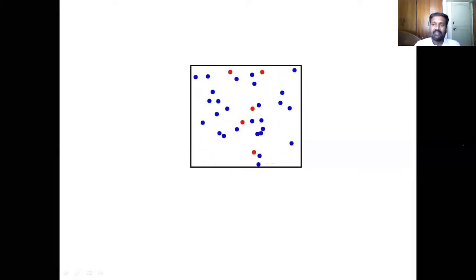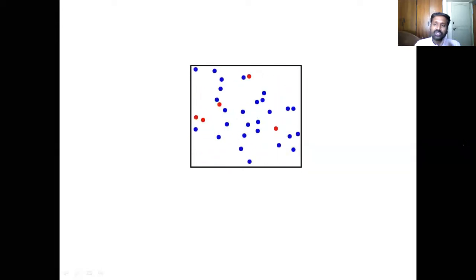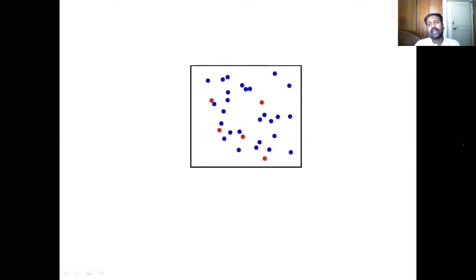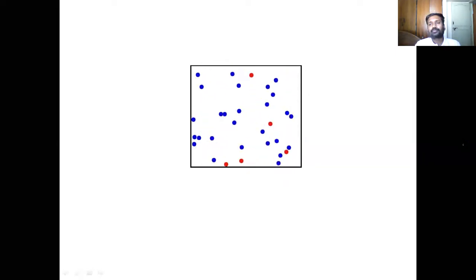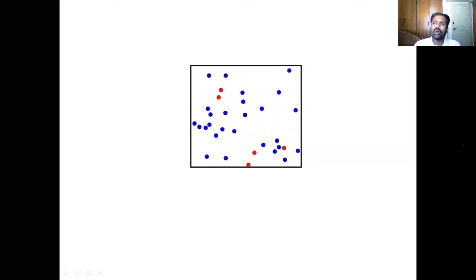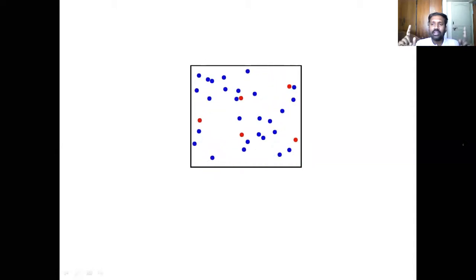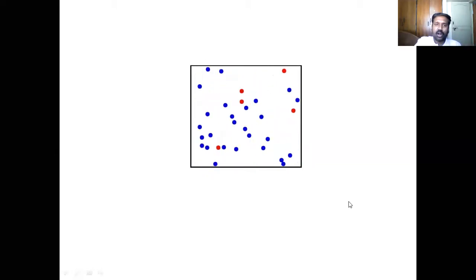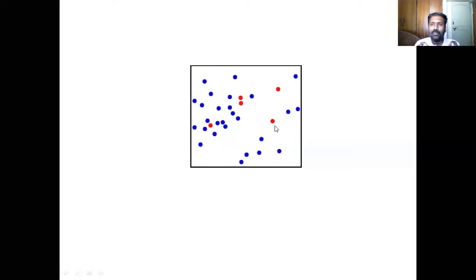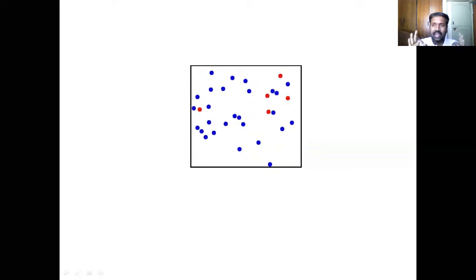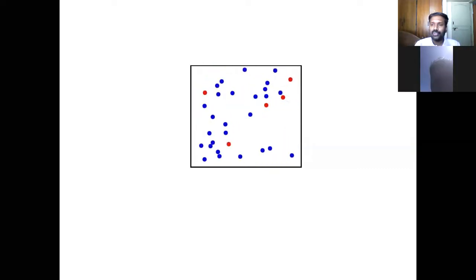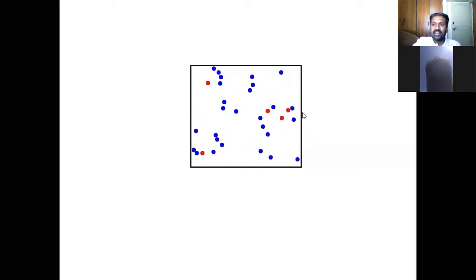Because of these random collisions and so many redistributions of energies, will all the molecules in this sample, all the blue dots, possess the same energy and the same velocity? No, definitely not. They have different velocities now.